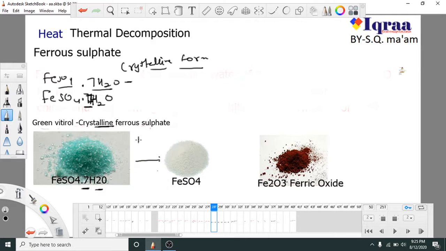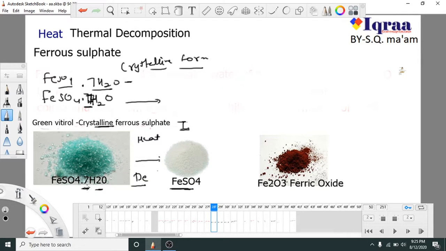We are heating it because we want to decompose it. When we decompose it, first the water will be removed. At the first step, when we decompose crystalline ferrous sulfate, the water will evaporate.